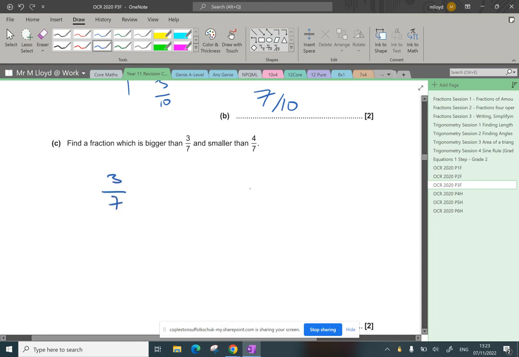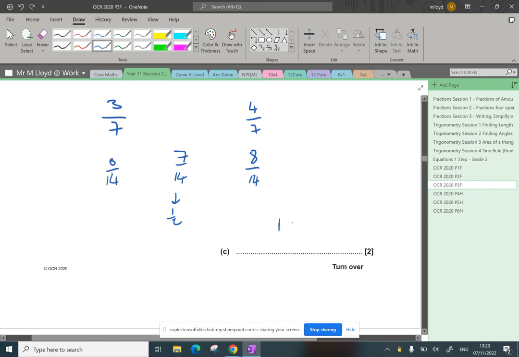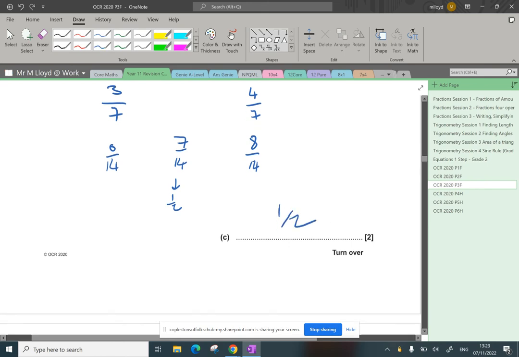So for this one, we want to look at these values in here. So we're just going to unsimplify them, so they're still the same value. And then in between them is 7 over 14, which would be 1/2. 1/2. Super. 7/14 is fine as well. I just wanted to tidy it up.